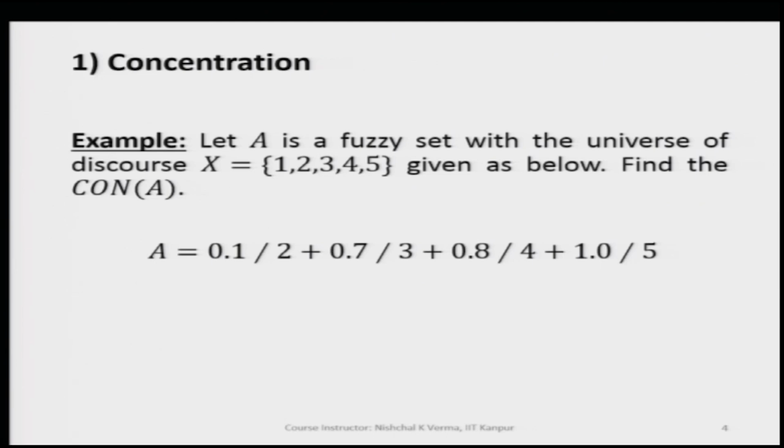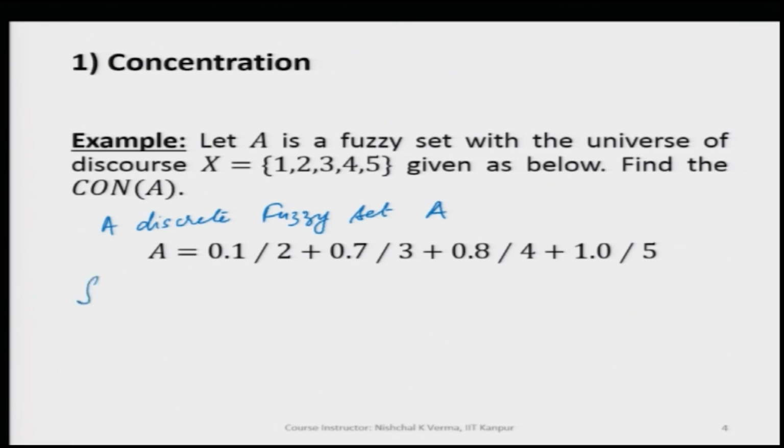Here we have a simple discrete fuzzy set A with the universe of discourse 1 to 5, and we are interested in the concentration of A. K has not been given to us, so obviously we will have to go for K equal to 2.